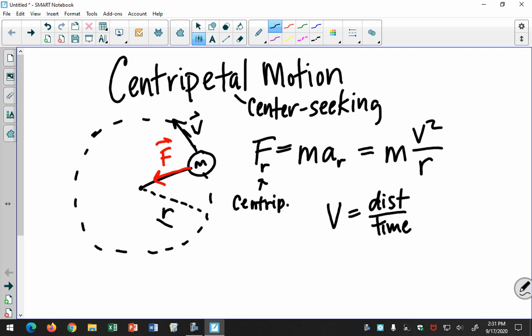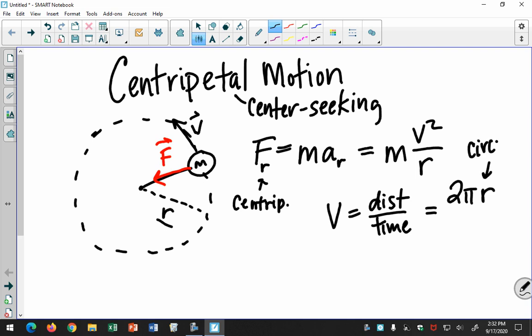But what does distance mean when you're going in a circle? Well, we divide the distance by how many circles it makes. So for us, when we're talking about this circular motion, we're thinking about how big is the circle. So our distance is the circumference, 2 pi r, right?